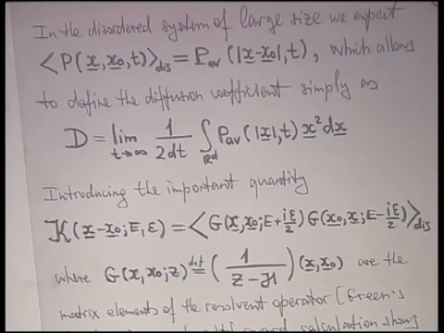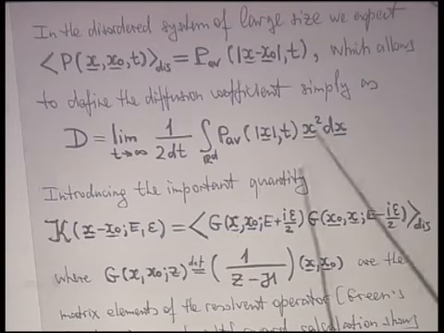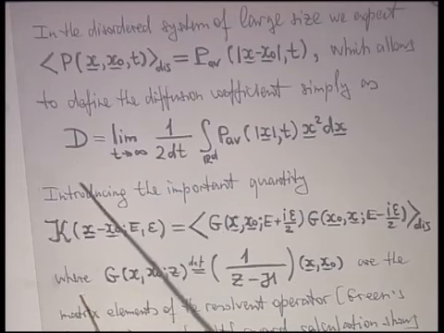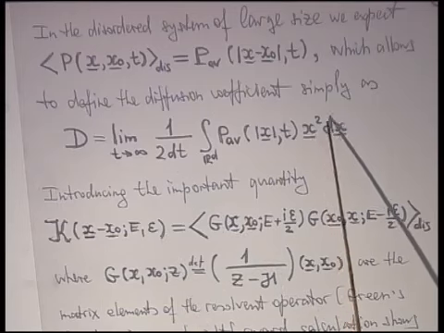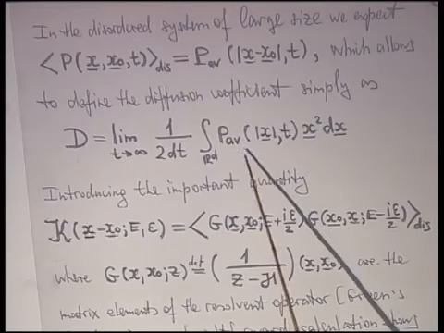Now, if we know this probability, then it's a simple task to define a quantity which we expect to be the diffusion constant. It's in fact its definition. I think Tom also used a very similar, if not identical, definition.